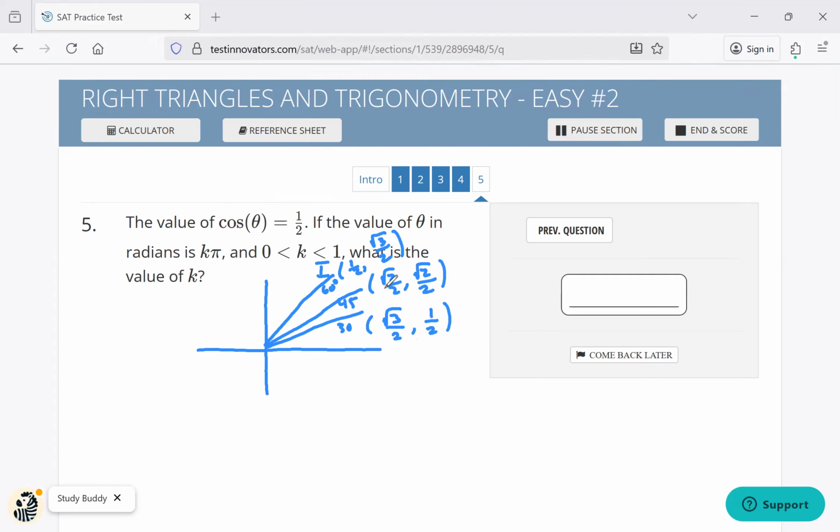So what is the value of k? So cosine theta of 1/2 is related to 60 degrees. Or in radians, what would that be? What is 60 degrees in radians?